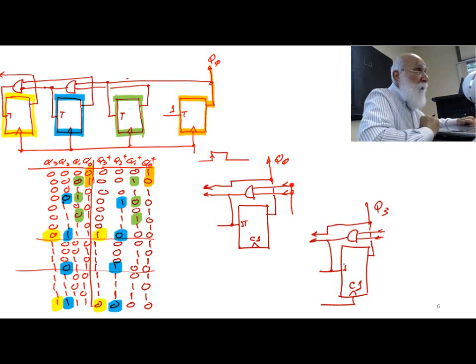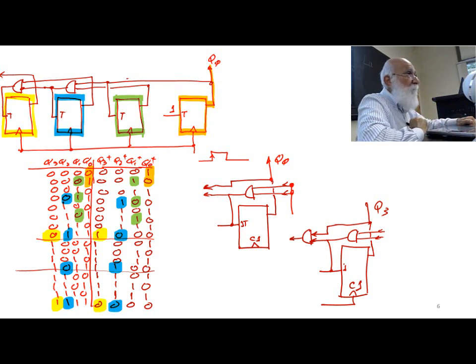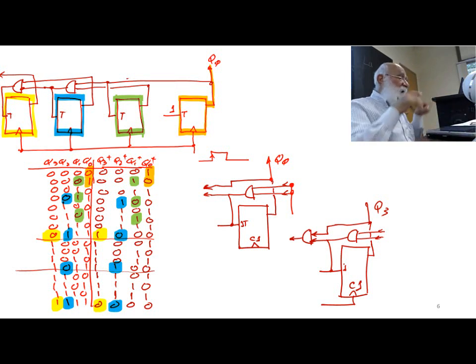But if there is no bit number 4, what I can do is put another AND gate here. And this AND gate output becomes 1 when the rightmost bit is 1 and the flip-flops, all of them are 1. Okay?